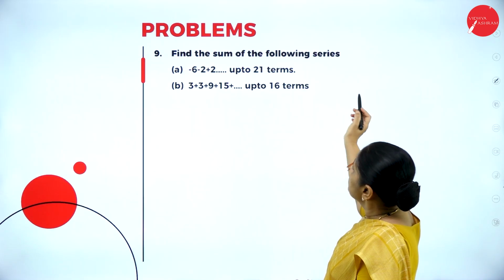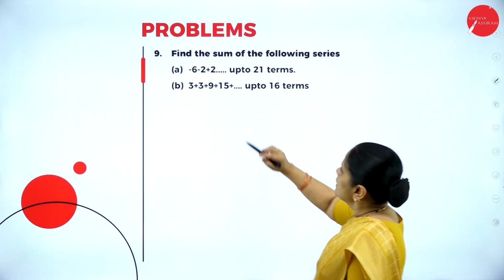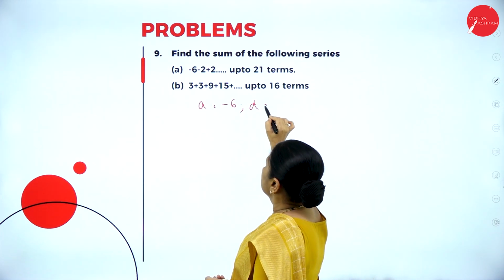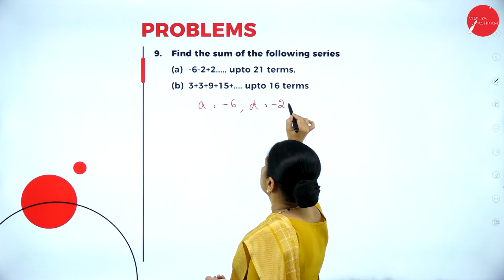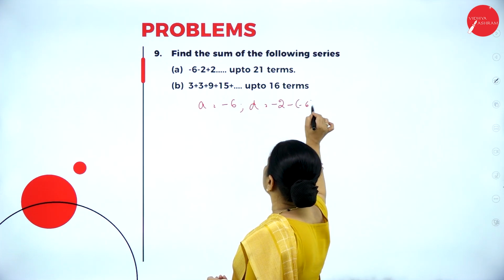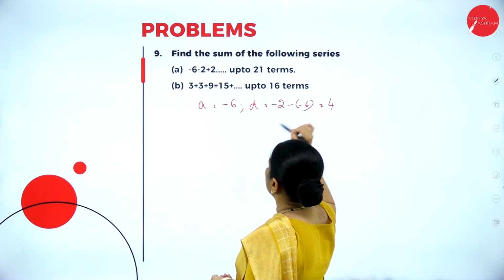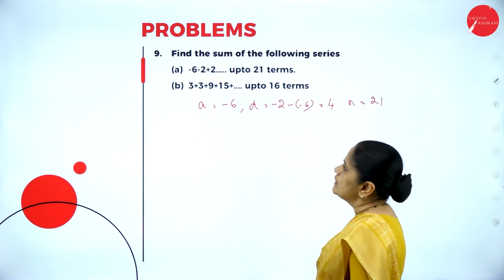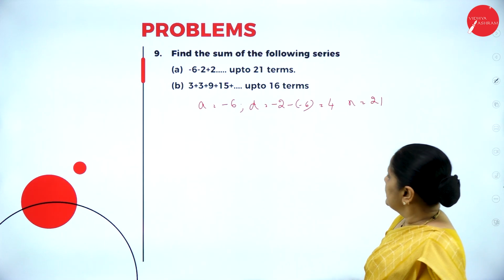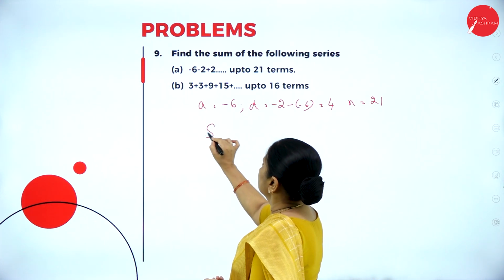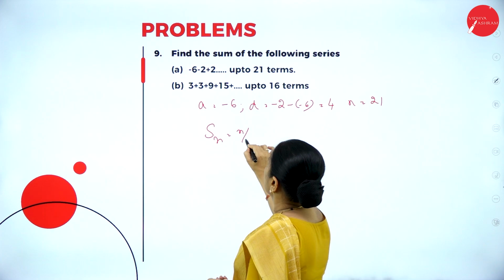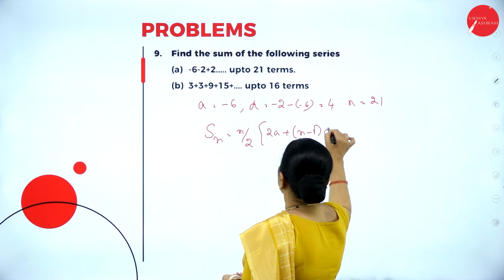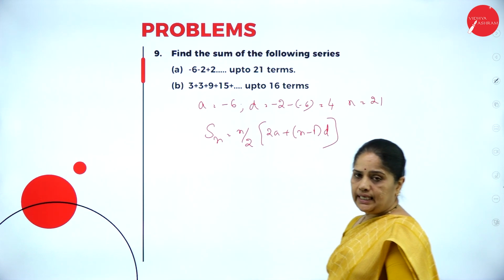Then find the sum of the following series. We have A equals minus 6, D equals minus 2 minus of minus 6, so that will be 4. N equals 21. We have to find the sum of the series. Sn equals n by 2 into 2a plus n minus 1 into d.